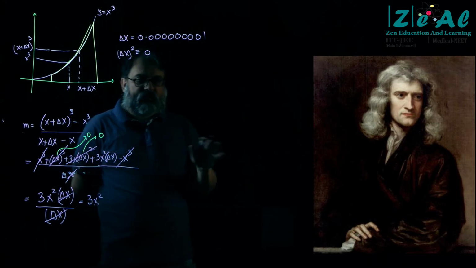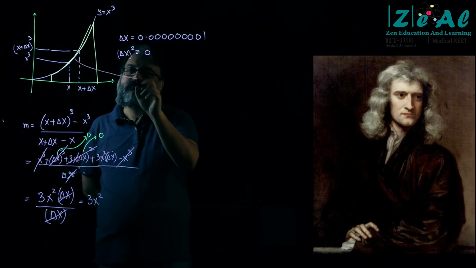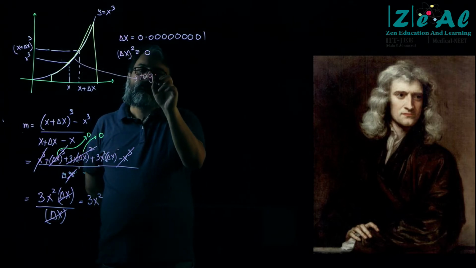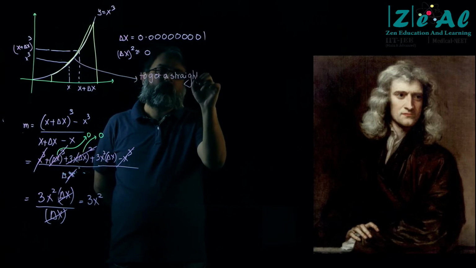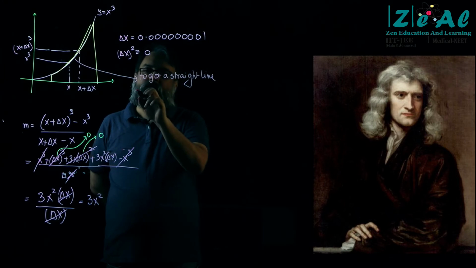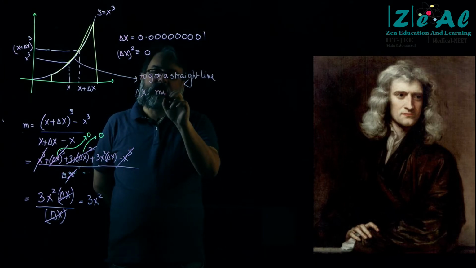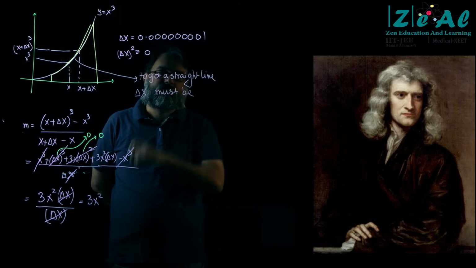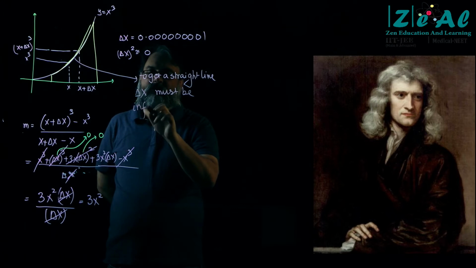So what he says is that to get a straight line here, this delta x must be infinitesimally small.